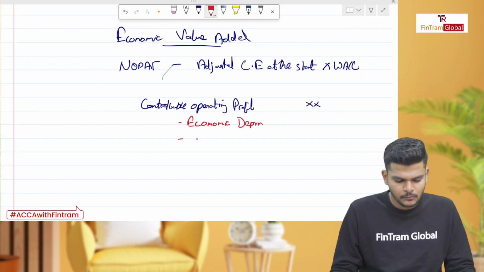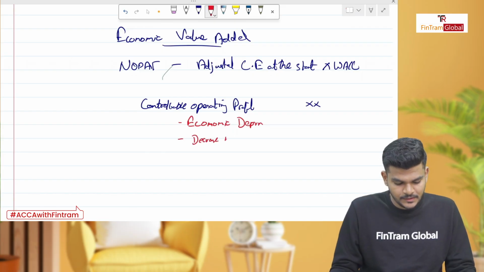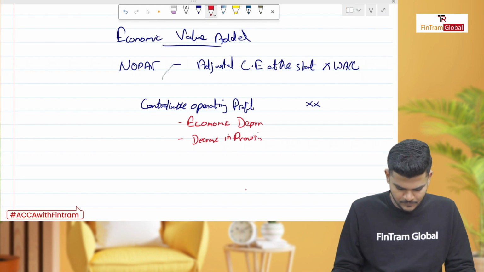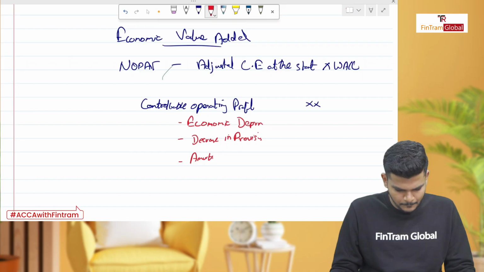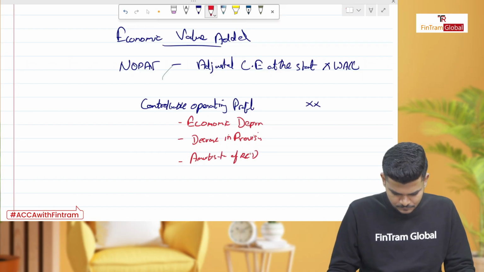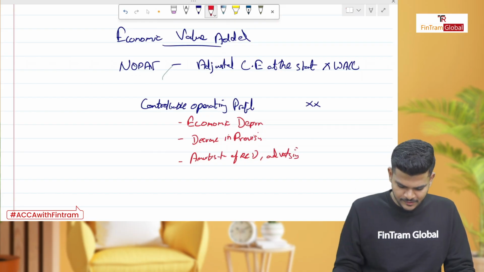And then what else? If there's a decrease in provision, that would be deducted, right? And then amortization for R&D, for advertisement will be deducted as well, right?